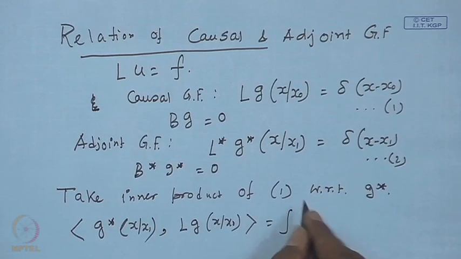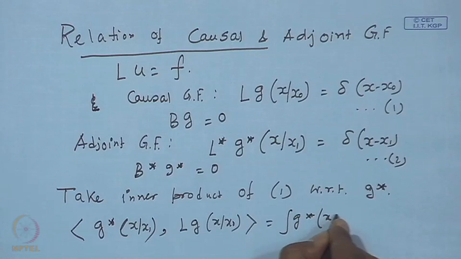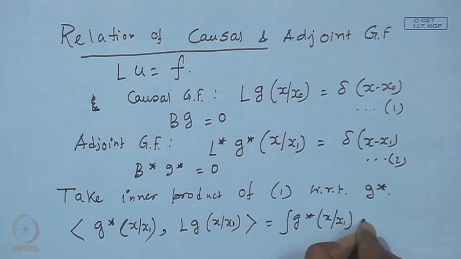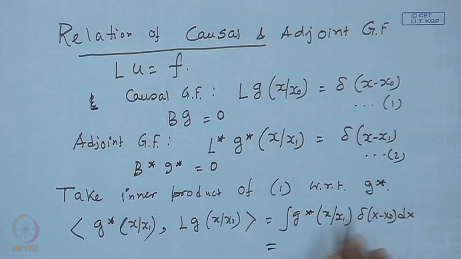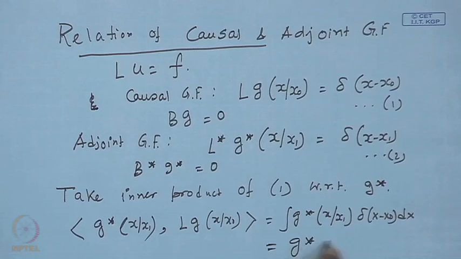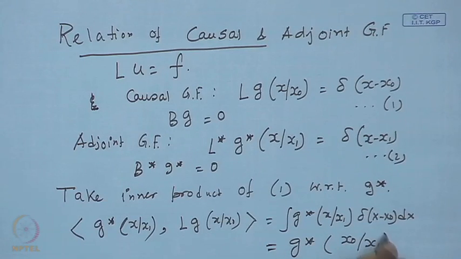So, this becomes the integral of g*(x/x1) δ(x − x0) dx. Now, we are just having one variable, a one dimensional problem. If we use the shifting property, the integral of f(x) δ(x − x0) dx will be nothing but f(x0). So, this will be g*(x0/x1).